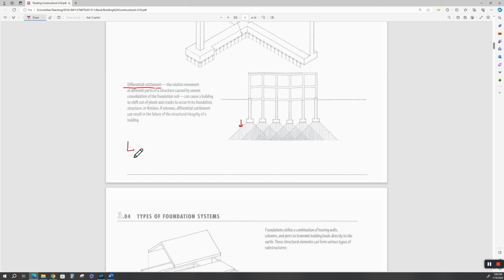Don't expect your slab on grade, where you're just coming out here and digging some grade beams and putting the house up, to stay settled evenly over its life cycle, unless you happen to be in the middle of a uniform body of soil. But you have no control over that.